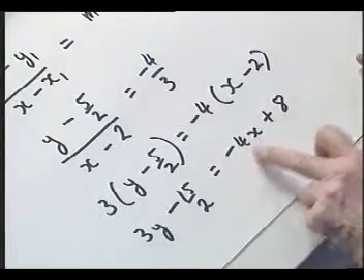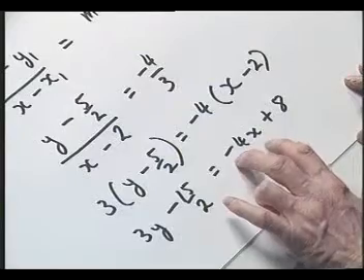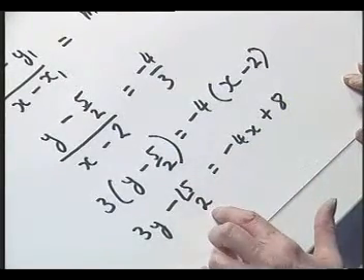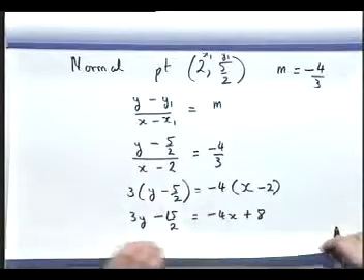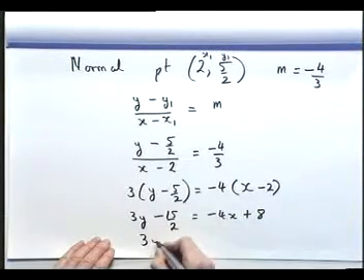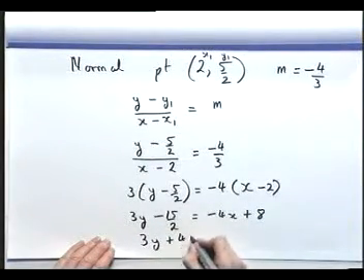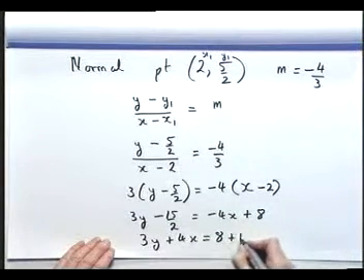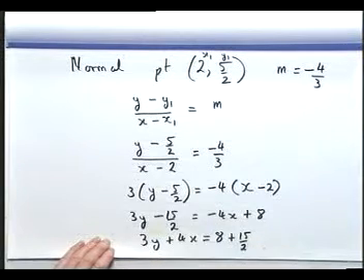Now let's get things together. It's awkward having this -4x here, so we'll add 4x to each side, and we'll add 15 over 2 to each side. So we'll have 3y plus 4x is equal to 8 plus 15 over 2.